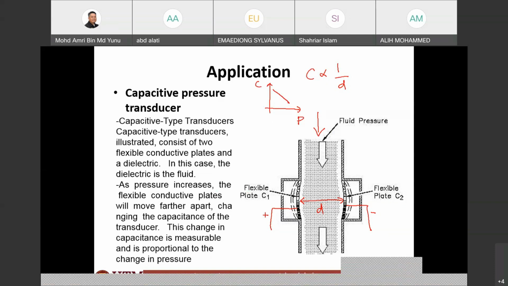So what we can basically do is convert this output into voltage.